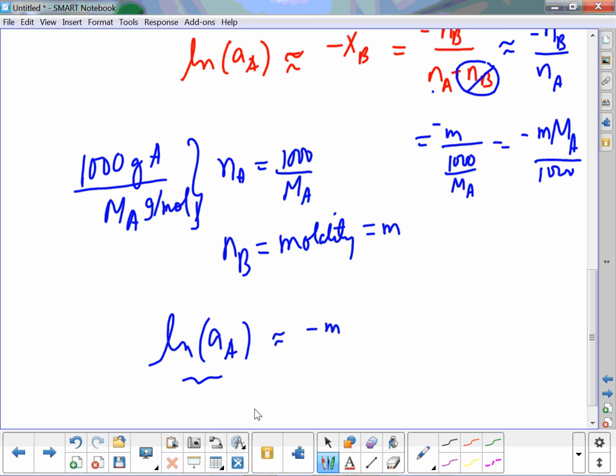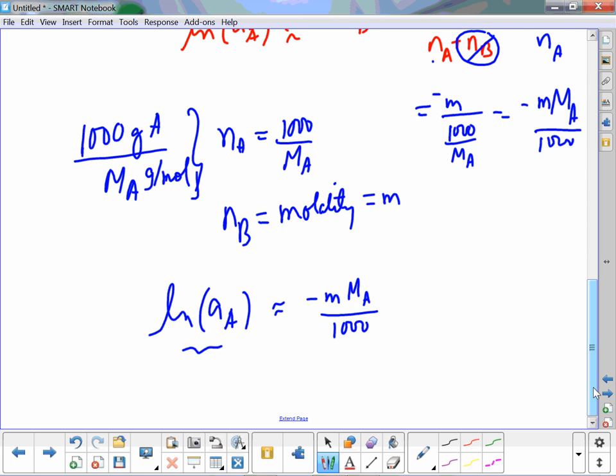Just keep in mind that if we're using numerical values of molality in moles per kilogram and molar mass in grams per mole, and you have 1,000 there, you don't put any units there, and the answer should come out unitless. That's the natural log of activity of A, an approximate value. That's true at very dilute solutions.